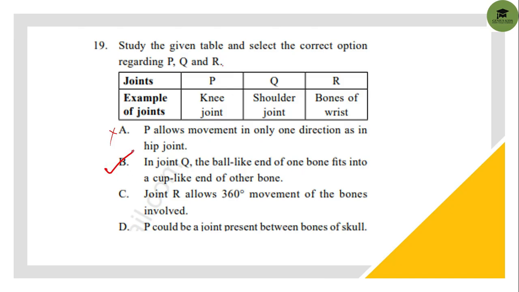This is your correct one. Joint R allows 360-degree movement of bones involved. No. P could be a joint present between the bones of skull. No. So this is a shoulder joint, where the ball-like end of one bone fits into the cup-like end of another bone. So the correct option in this question is B.